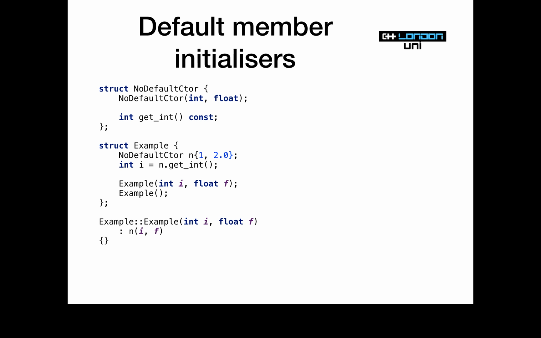Because this is going to initialize n, and then it's going to initialize i. Well, I haven't mentioned i in the member init list, so it's going to use the default member initializer, which is going to call getInt on n. So that's going to work just fine.